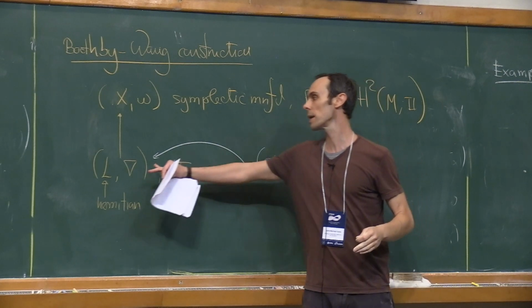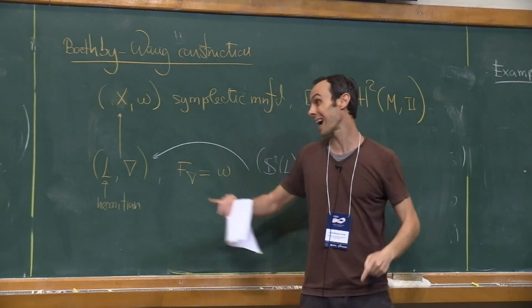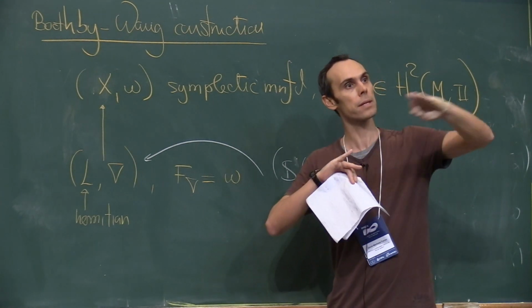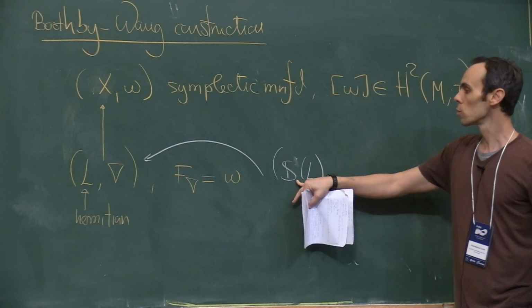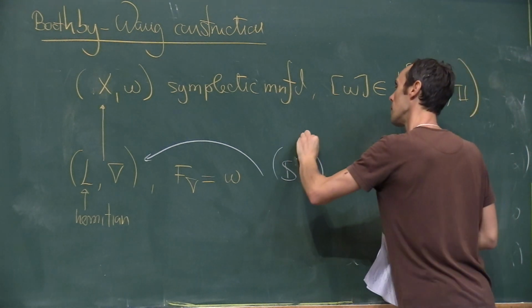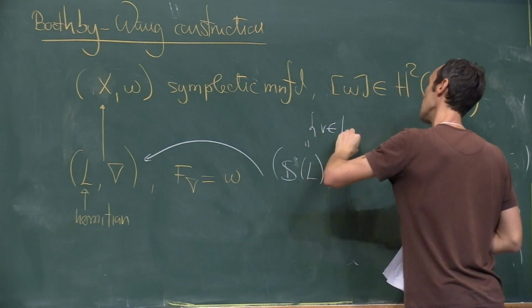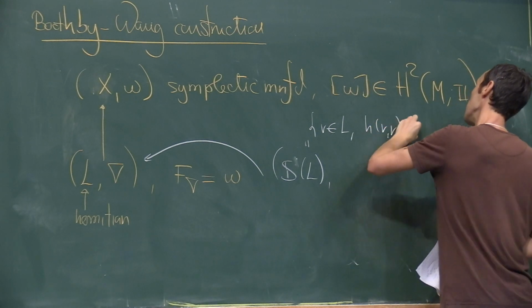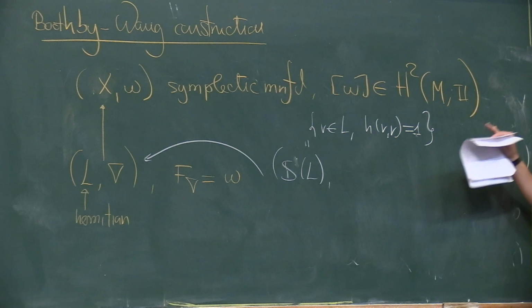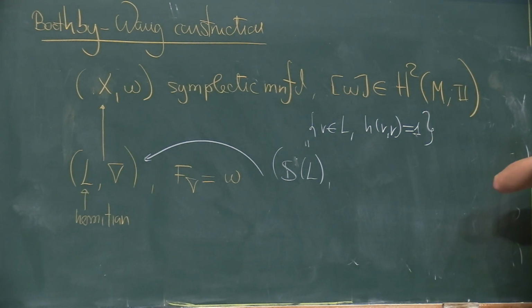This is equivalent to saying that if you look at the connection as a distribution by complex hyperplanes, these hyperplanes have to be tangent to the sphere bundles of L. So these are vectors v in L such that h(v,v) equals 1. In general, if you fix any value here, you get the corresponding sphere bundle of that radius.